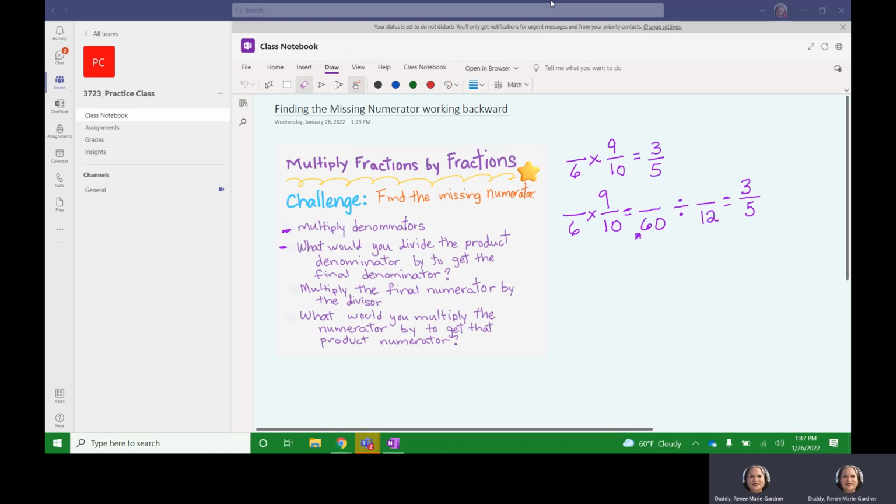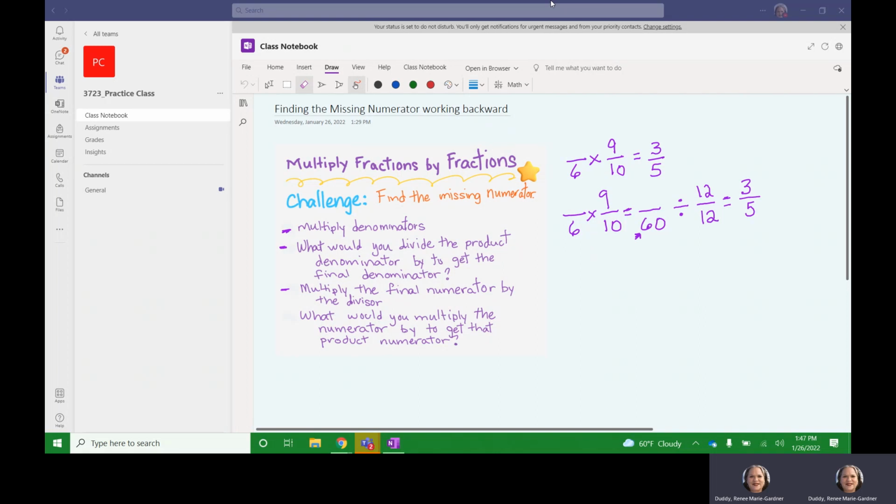Very good job. And we all know that whatever we do to the denominator, we have to do to the numerator. So this is like the fraction divided by a whole, right? 12 over 12 is the whole. So then my next step is that I'm going to multiply the final numerator by the divisor.